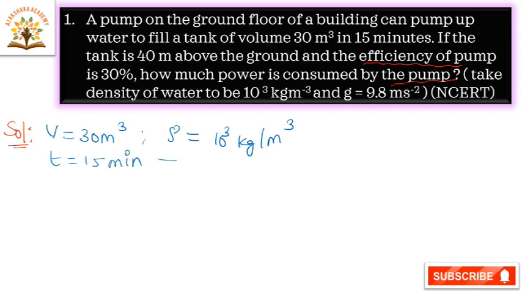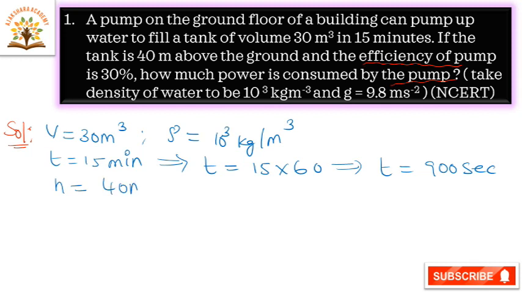Converting into seconds, t is equal to 15 into 60. So t is equal to 900 seconds, and height h is given as 40 meters.